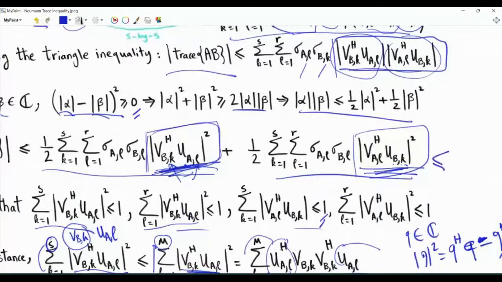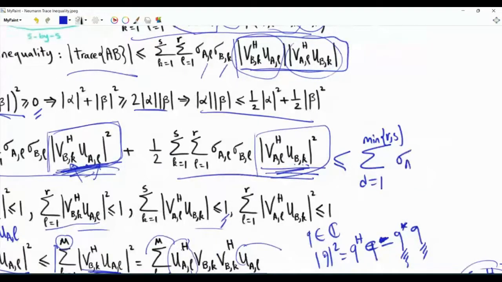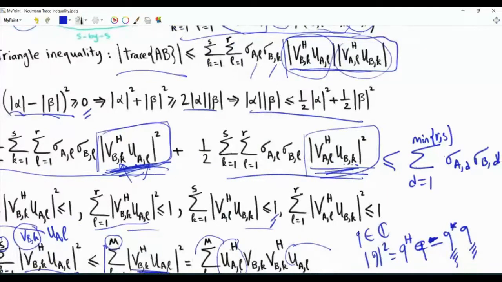Is this thing less than or equal to the summation d from 1 to the minimum of r and s? So r is the rank of A, s is the rank of B, and then we have sigma_A_d, sigma_B_d.